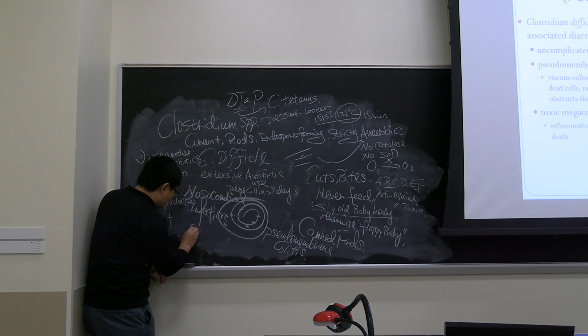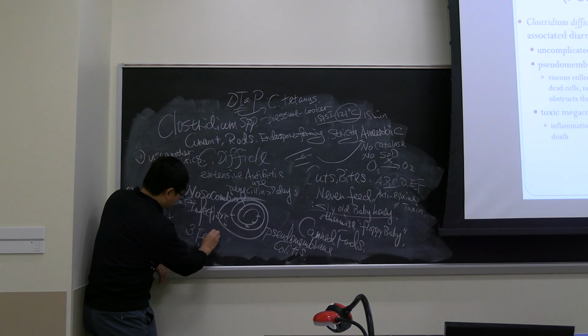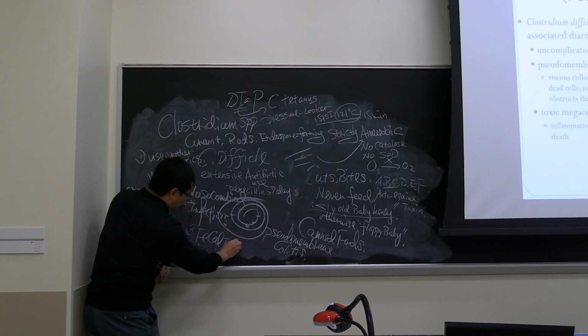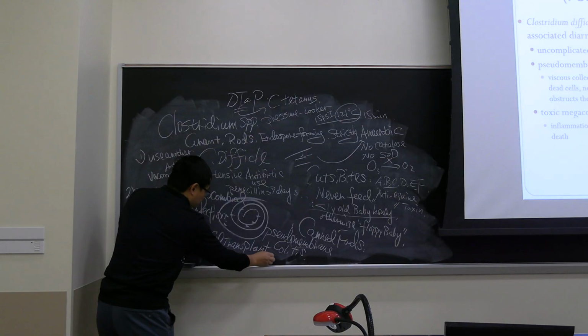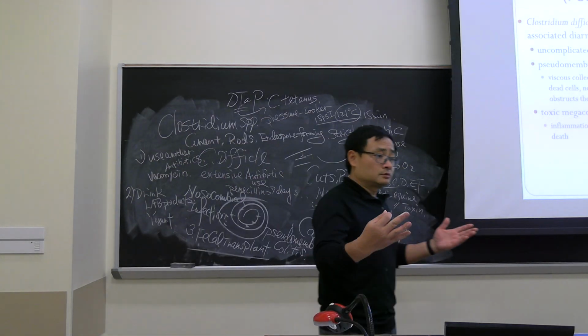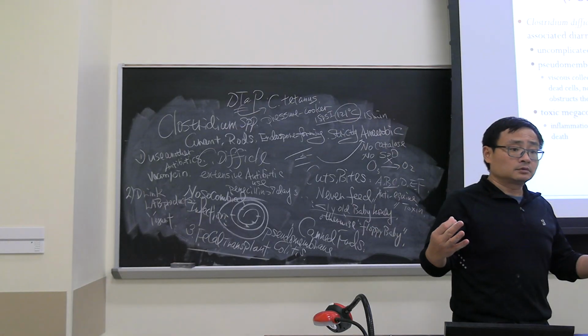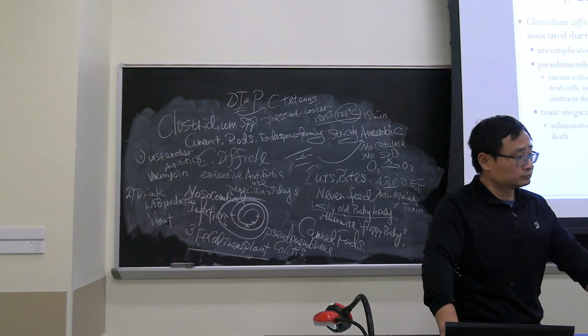If it's very severe, what are we going to do? Fecal transplant. This is terrible. Which means you have to borrow poop from other people and then put it in your body.